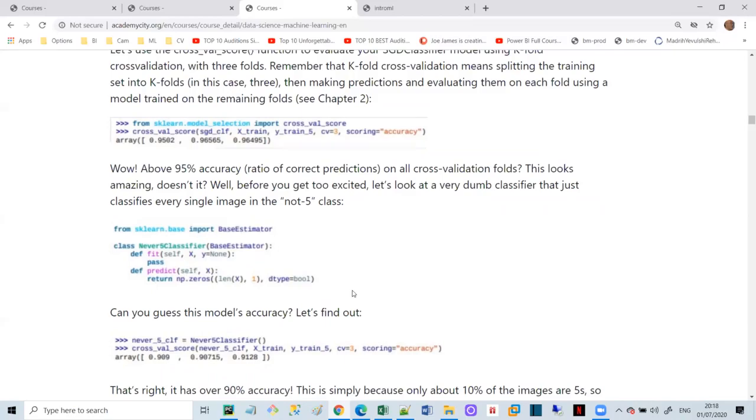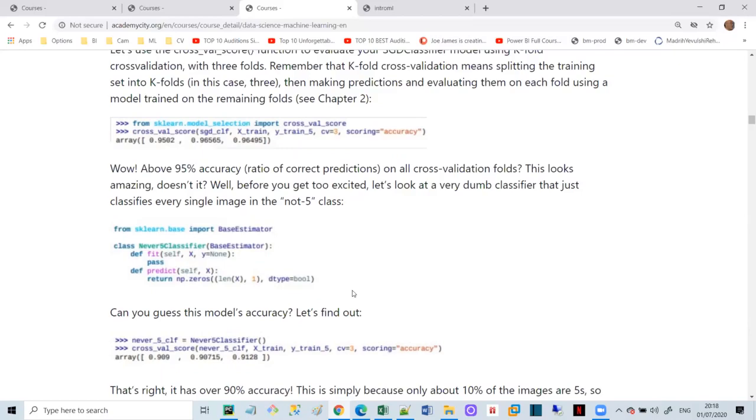It's really funny. You would think if I'm right 90% of the time, I must be a good classifier. But in this example, it really depends on how you phrase the question and what the structure of the data is. The way I phrase the question is, can I predict if it is 5 or not 5? And I'm very good at predicting not 5 because 90% of the data is not 5. So I will tell you it's not 5 all the time.